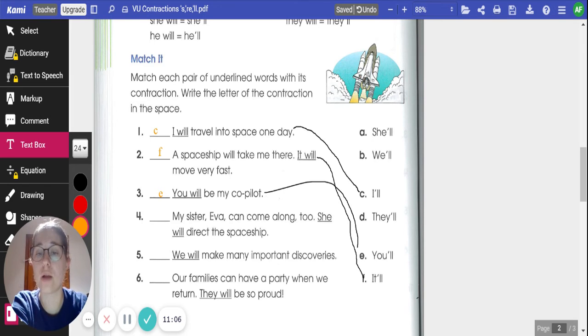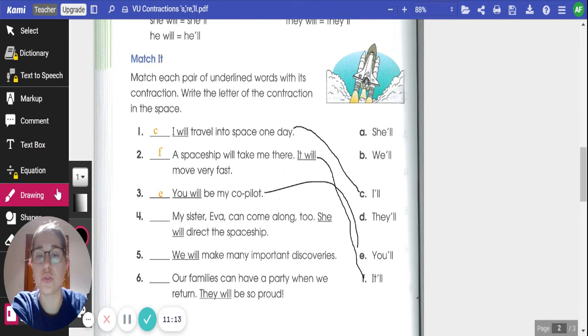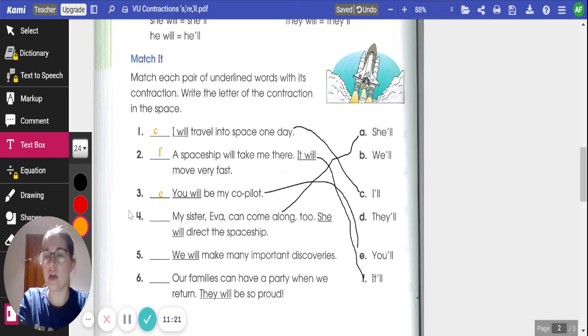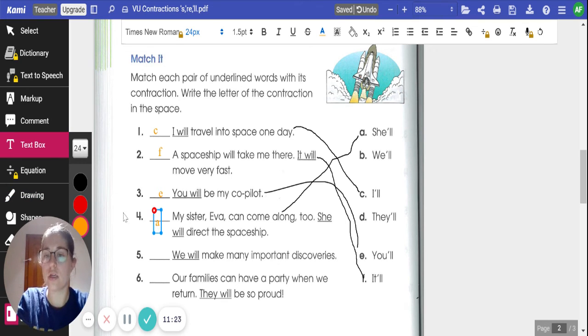All right, number 4, my sister Ava can come along too. She will direct the spaceship. That's going to go up to she'll, the very top, for letter A. Let's do A next to number 4. Number 5, we will make many important discoveries.